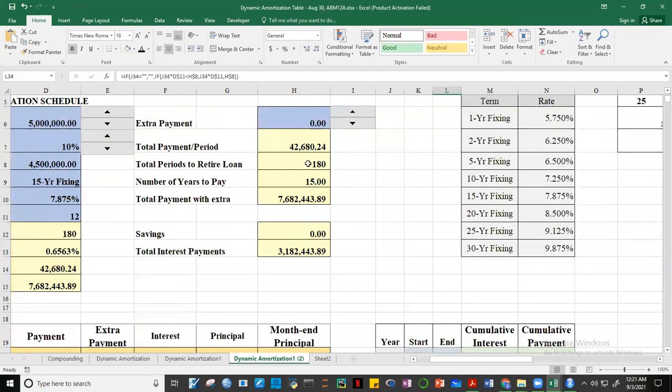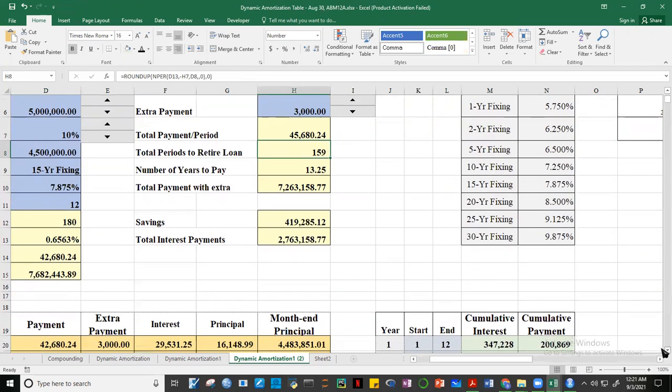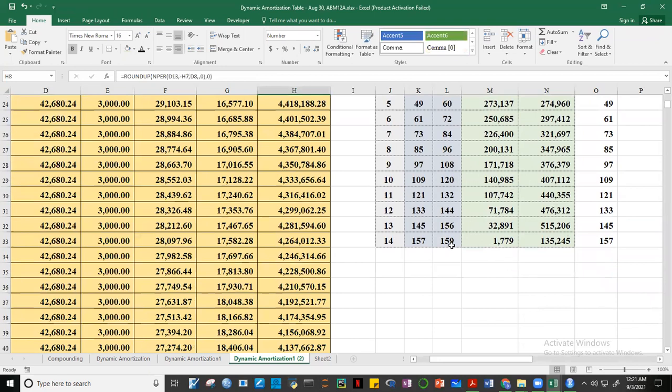But if we let's say give extra payment, kunyari 3,000 extra payment. So instead of 180, ang last month natin dapat 159. So dapat 14 years, no? 159. So let's see kung 159 nga ba yung last month natin. Tama, 159 yung last month natin. Tapos sa year 14 na.